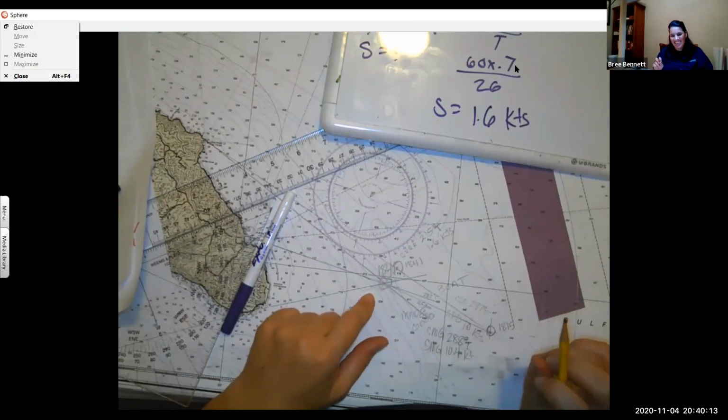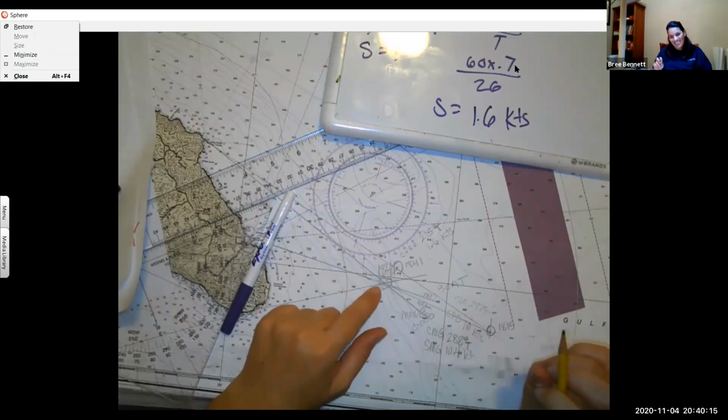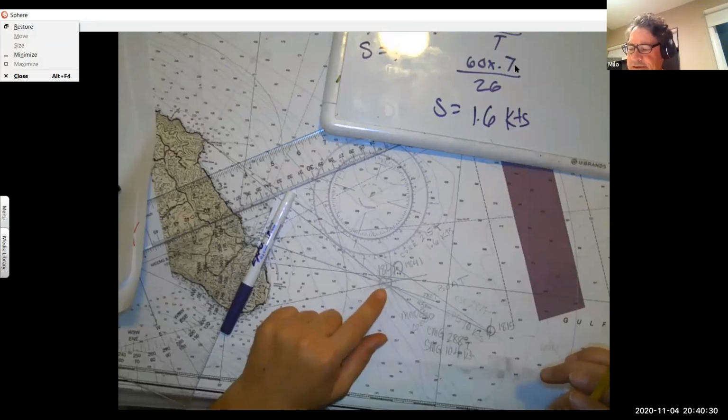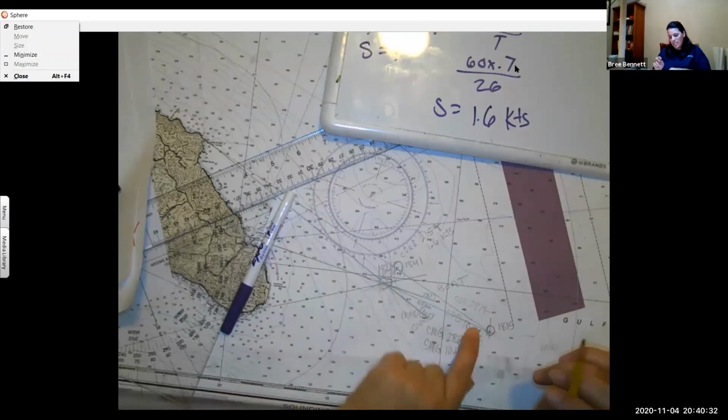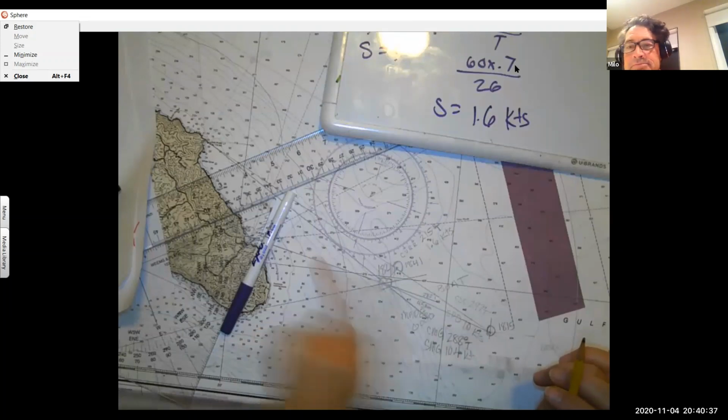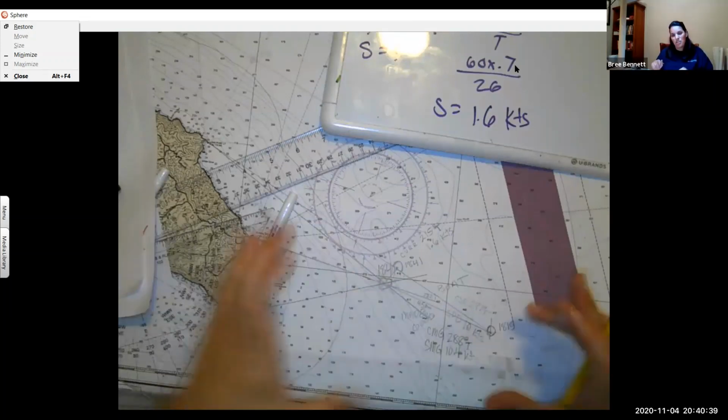I made a DR line, and then it showed where I was going to be at 1915, and then I knew the course. So I extended that course out, and then I knew my speed was 10.38, and so I just extended that to where I'll be in an hour. Then I got my set and drift. So did you just extend out your course made good line? Yeah. Okay. You're just making the triangle bigger.